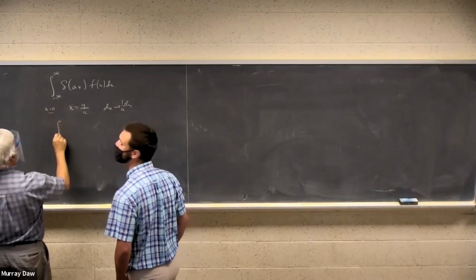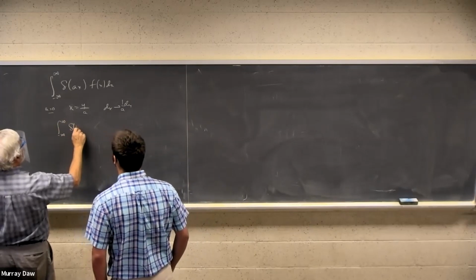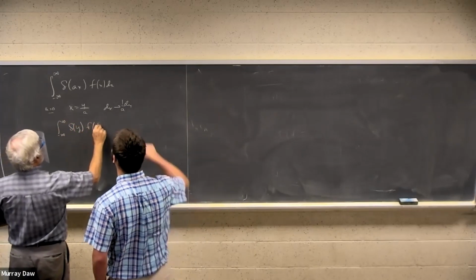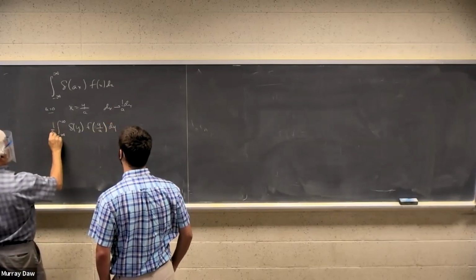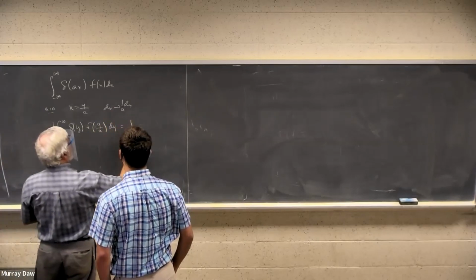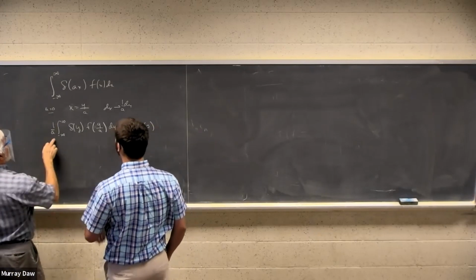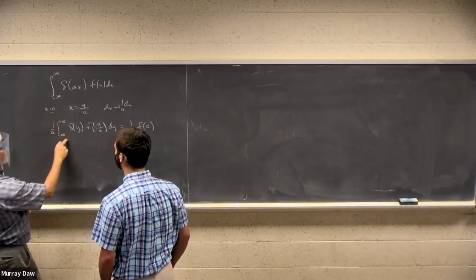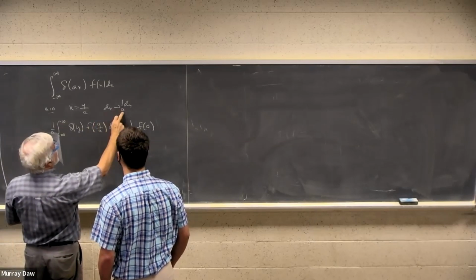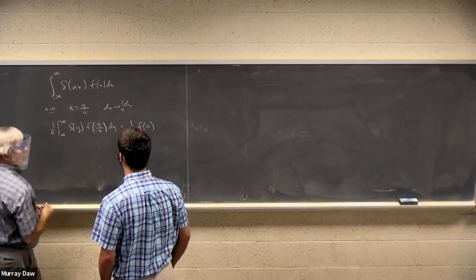Step one. When a is negative, then dx is negative, so y goes from plus to minus.